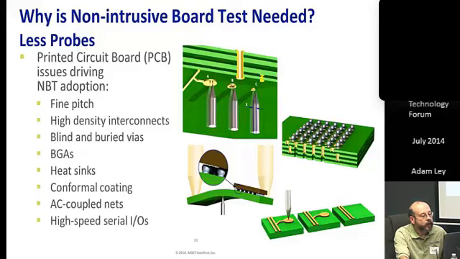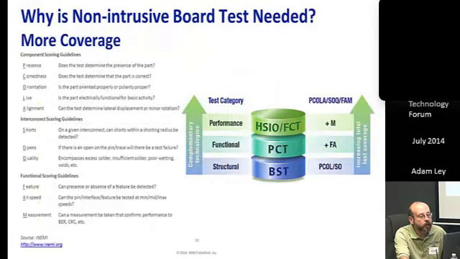So that covers the less probes aspect of it. In terms of more coverage, increasingly folks are looking for more than just conventional structural coverage. As the functionality becomes more complex and higher speed, there's a higher concern for functional, at-speed, and performance testing.